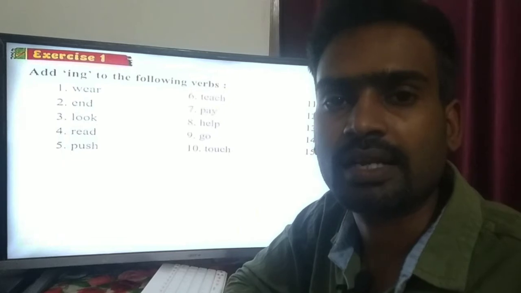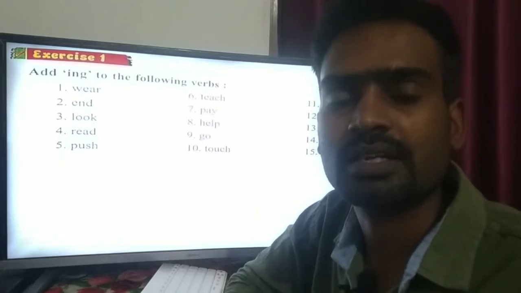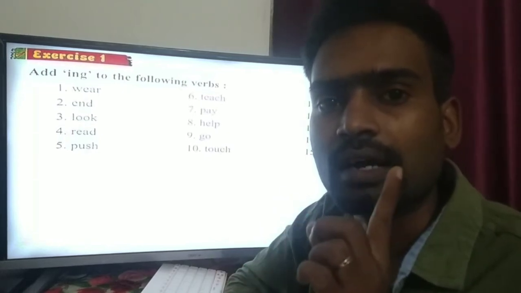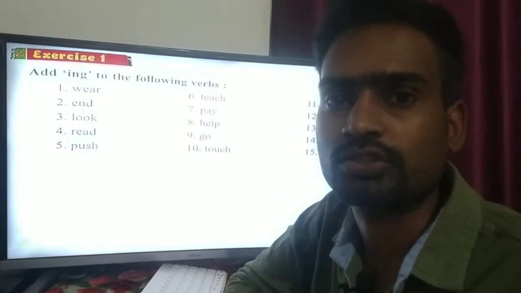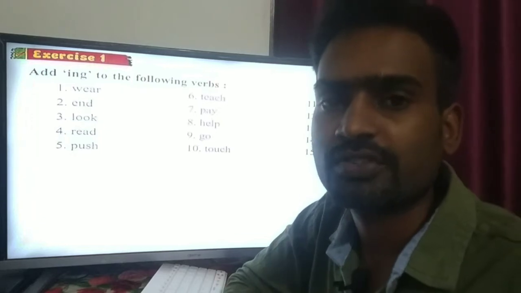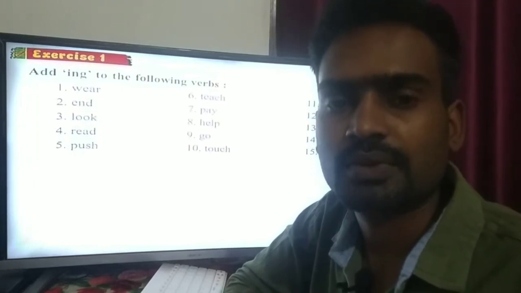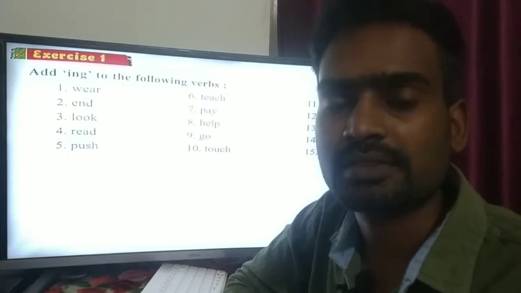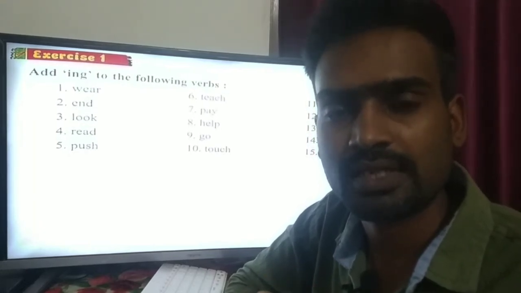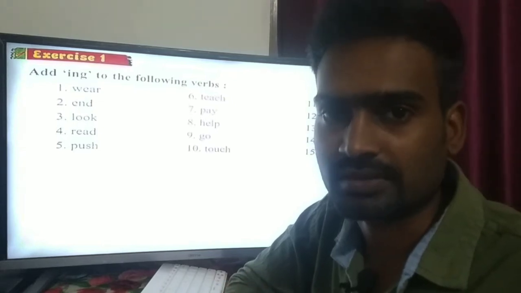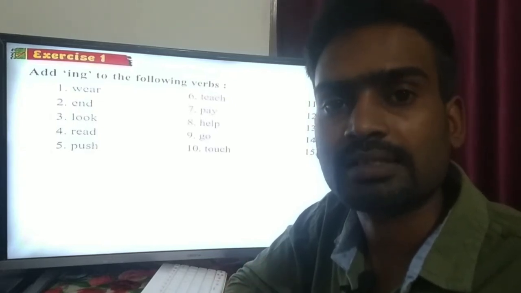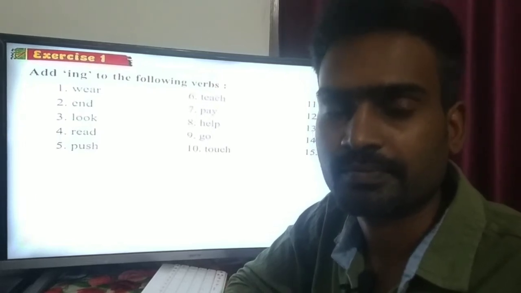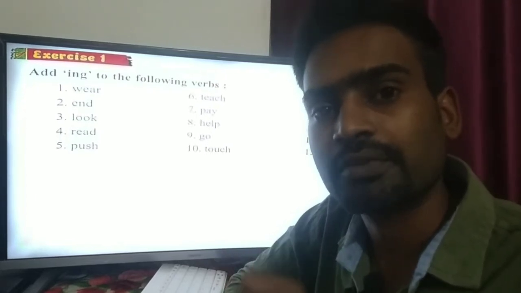We have three tenses: present, past, and future. In these three tenses, we have 4 sub tenses in each. So altogether we have 12 tenses. Among the 12 tenses, we have 6 continuous tenses: present continuous, present perfect continuous, past continuous, past perfect continuous, future continuous, and future perfect continuous.